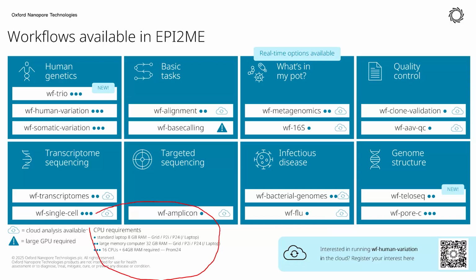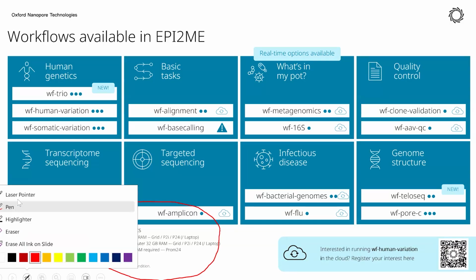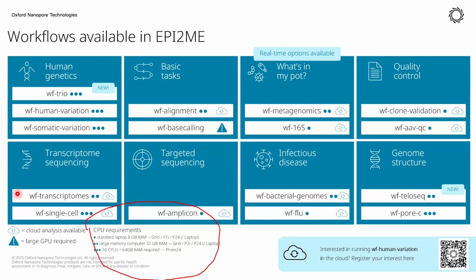But the more dots that we've added, the higher the requirements are. So anything with one, you could probably run on a laptop, maybe a small workstation. 2 dots, it would have to be a workstation or a much more powerful workstation. And 3 dots would probably be best run on like a very powerful workstation or an HPC.